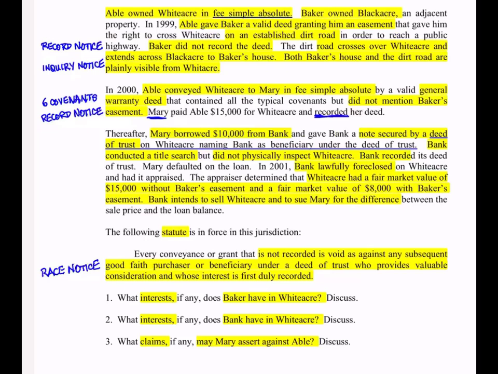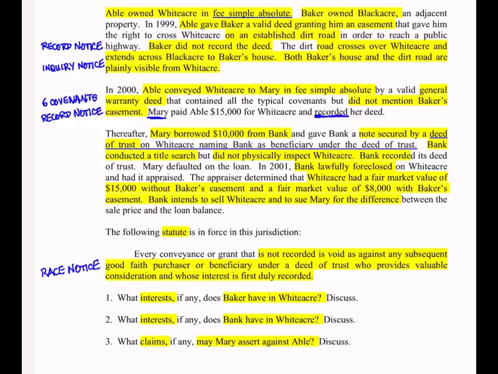Bank was on inquiry notice. Bank is not a BFP without notice. So Bank's interest in that property is worth only what the property is assessed at with the easement. But they can sue Mary for the difference. That's, in essence, the answer to call 2.